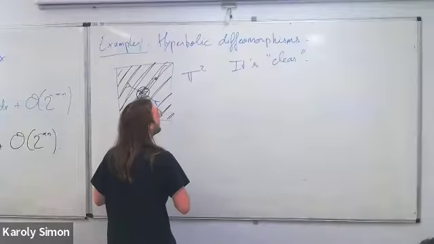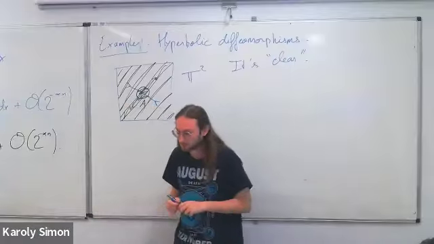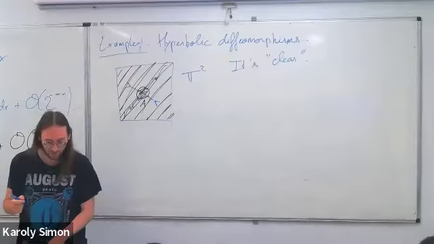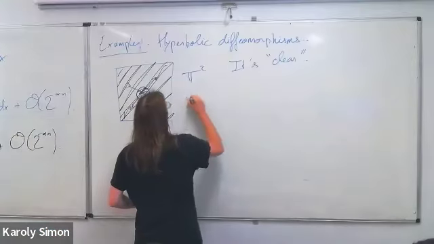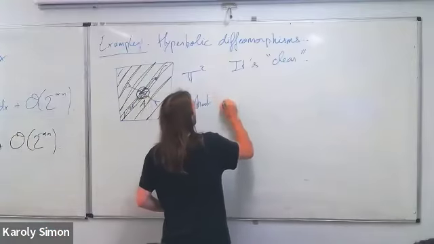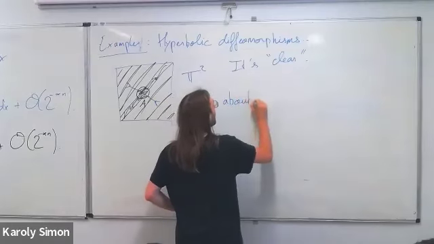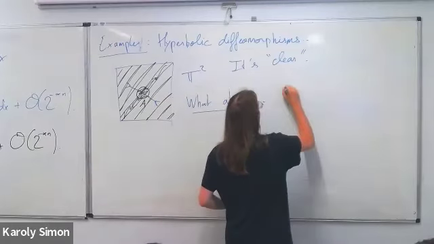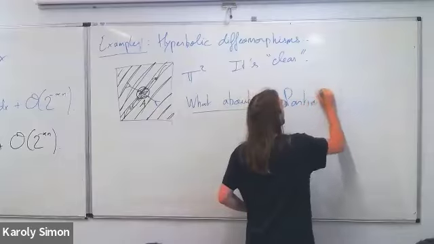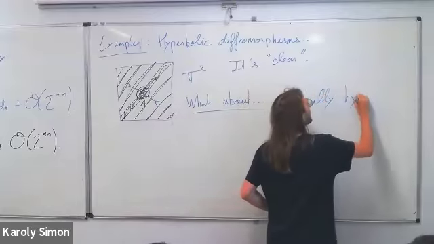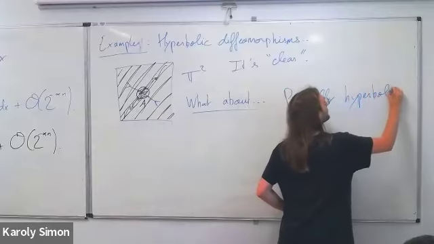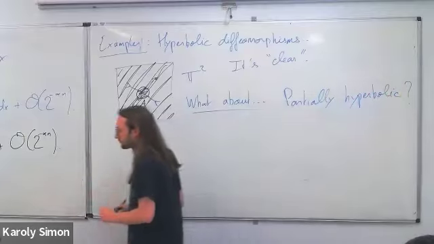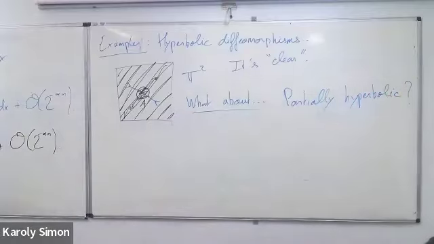Okay, now actually interesting examples. What about partially hyperbolic maps? By partially hyperbolic, I mean that there is some hyperbolic direction, but there is also some neutral direction.